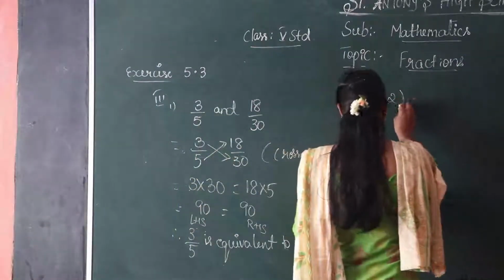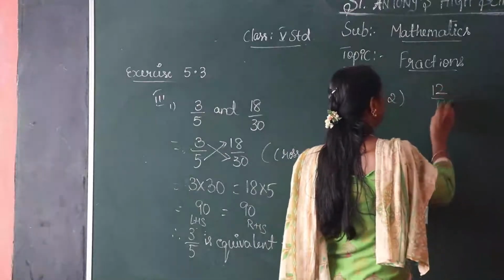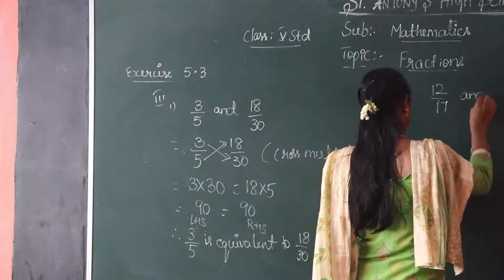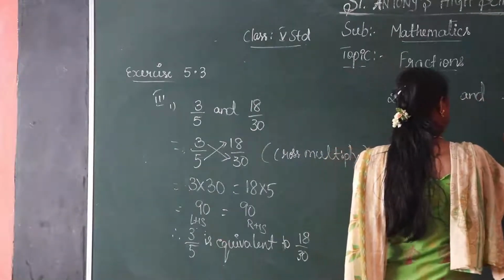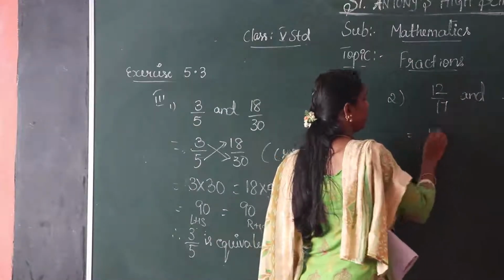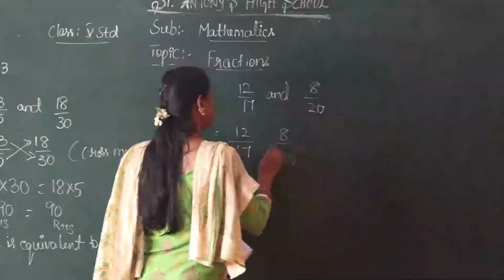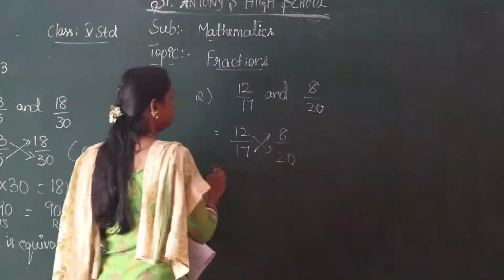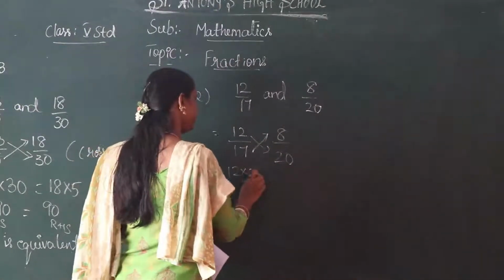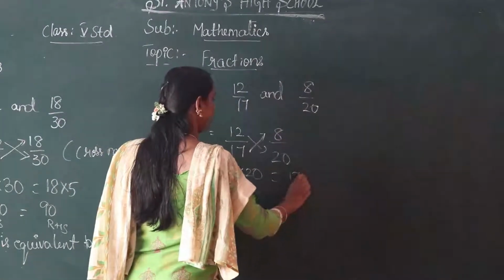So let us discuss the next sum. It may be equal or not. 12 by 17 and 8 by 20. The first step is cross multiplication. Do the cross multiplication: 12 into 20 and 17 into 8.